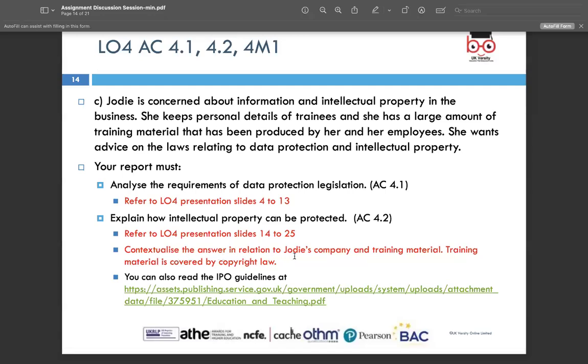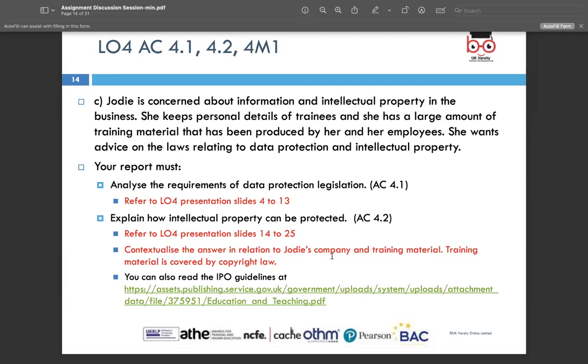Contextualize the answer in relation to Jody's company, and tailoring training material is covered by copyright. So now he's talking about the types of intellectual property protection. Copyright protects original works of authorship, such as literary, dramatic, musical, and artistic works.